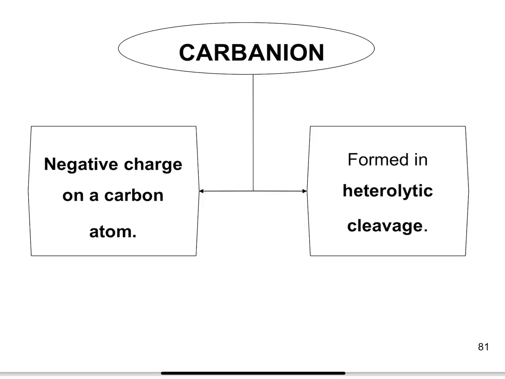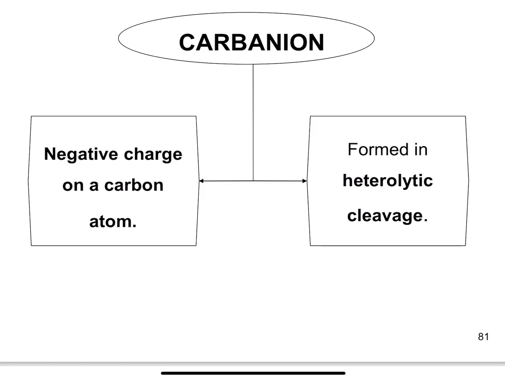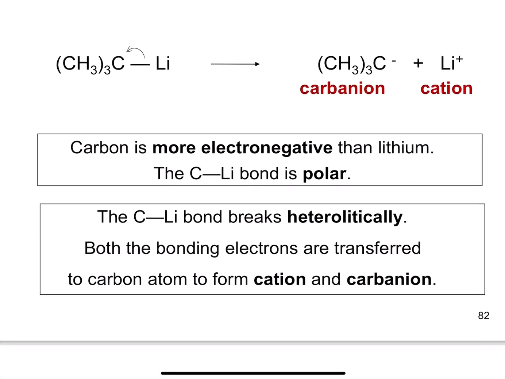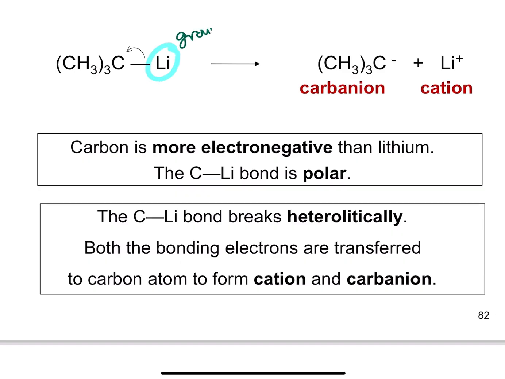What about carbanion? Carbanion simply means that the negative charge is on the carbon atom. Again, we form it through heterolytic cleavage. So for example, in this case over here, we have carbon attached together with a metal, lithium. Lithium, we know it is from group 1, and we know it is less electronegative.